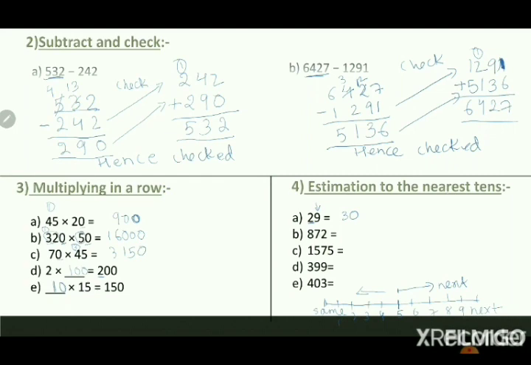872 is given. So you have to estimate to the nearest tens, means you will see the tens place. This is the tens place and you will see the next number. Now this next number 2 is less than 5. So when it is less than 5, the tens remain the same. The hundreds place remains unchanged because we are not doing anything about it.